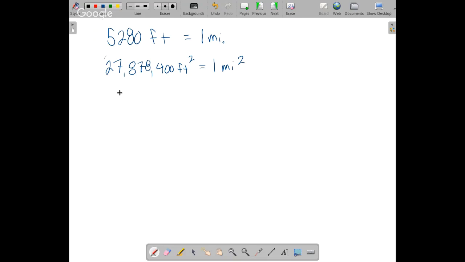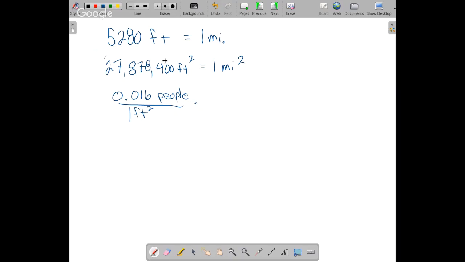And we had a ratio of 0.016, 16 thousandths people per square foot. Right, that was our unit rate that we got at the end there.